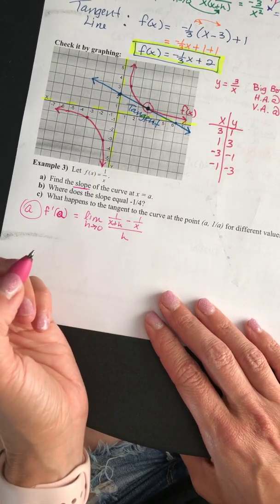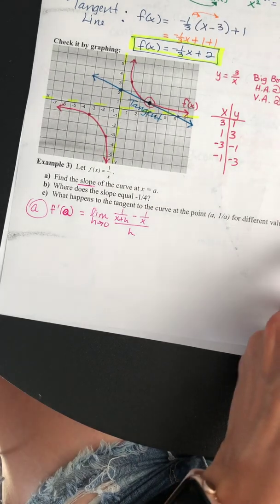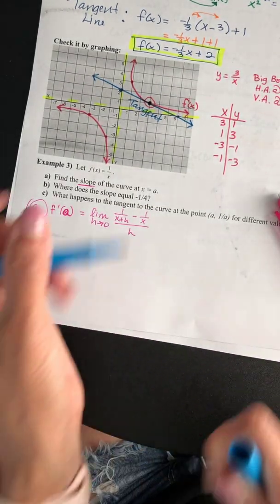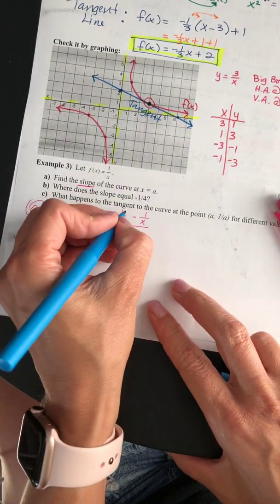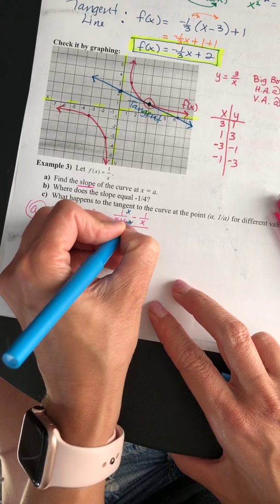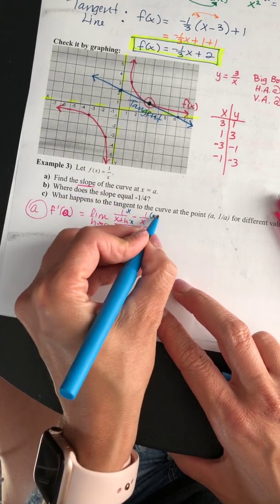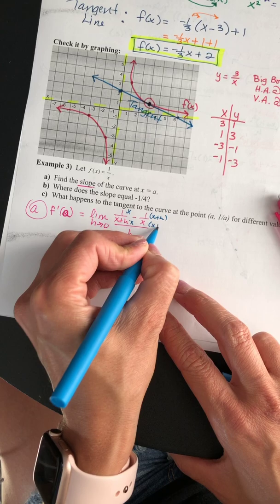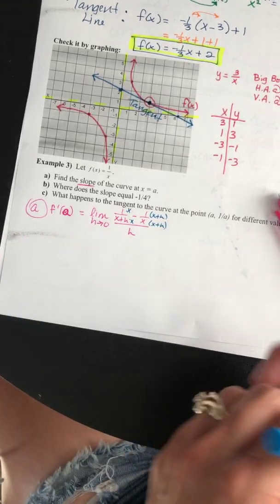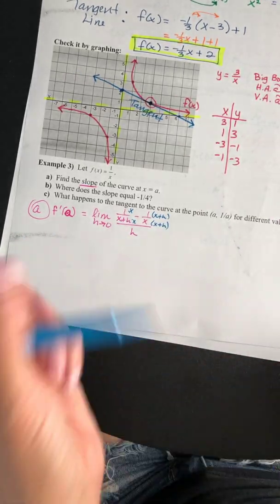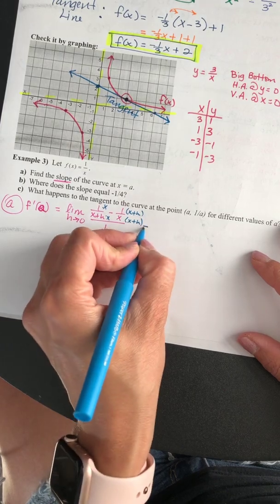Using the derivative formula. Got to get a common denominator. So just like I did up top, I have to multiply top and bottom by x on this one, top and bottom by x plus h on the other one to get that common denominator. Okay.